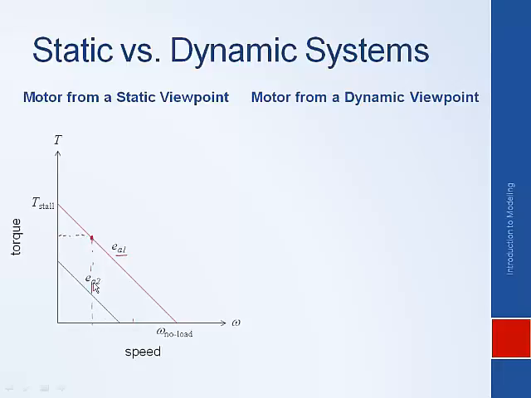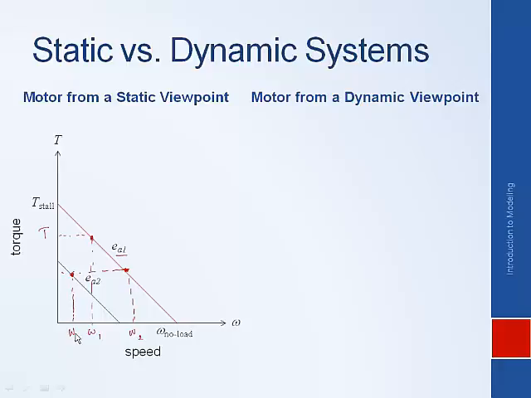If we look at this table or this graph, we get some corresponding speed. If we change the load, we jump down to a different speed. Or if we change the voltage input to the motor from EA1 to EA2, we also get a different speed.